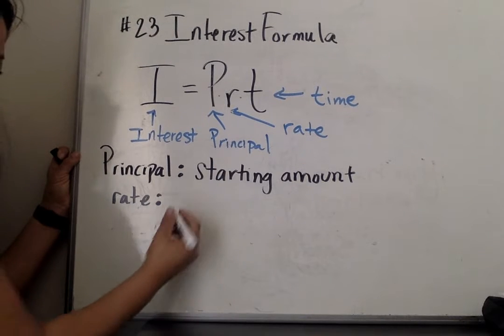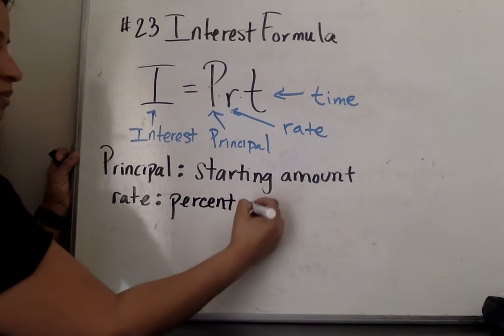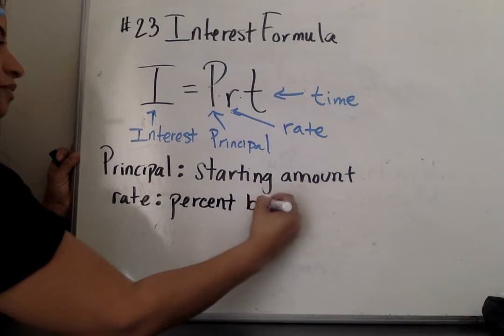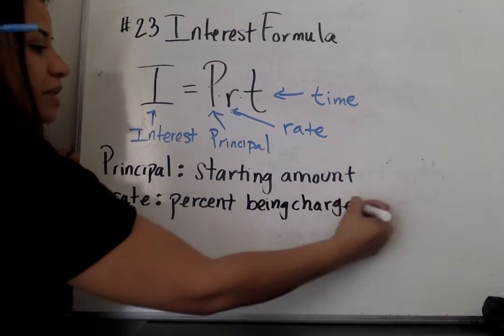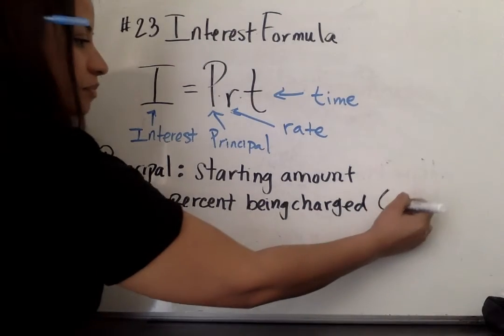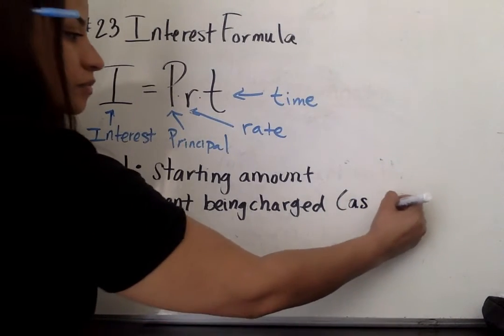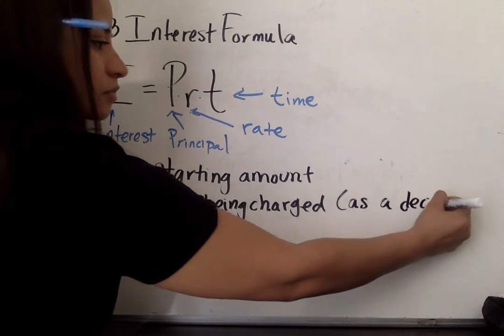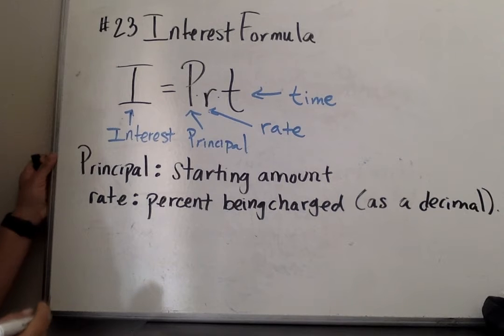R is rate, which is going to be the percent. The percent being charged as a decimal.